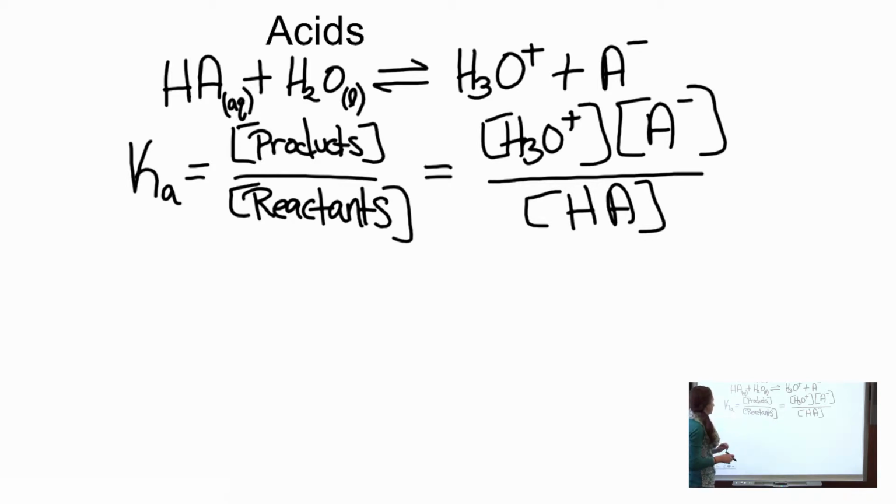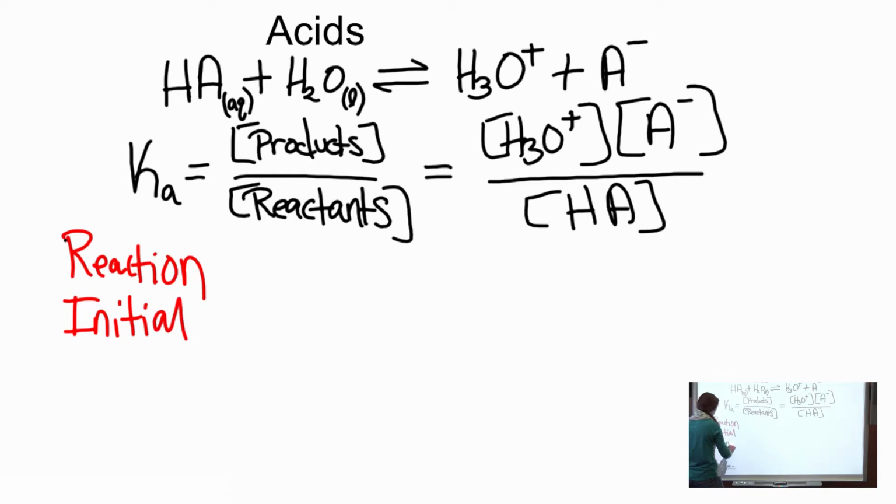So where you can go from here with your Ka is you can make a RICE table. So again, RICE stands for reaction, initial, change, and equilibrium.